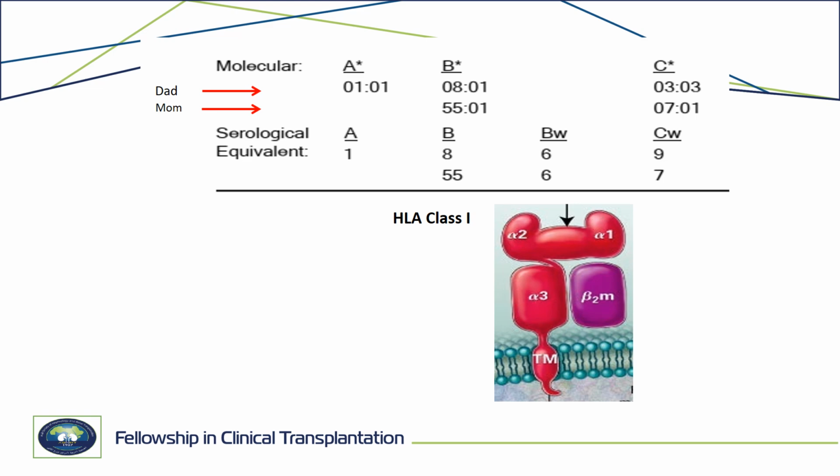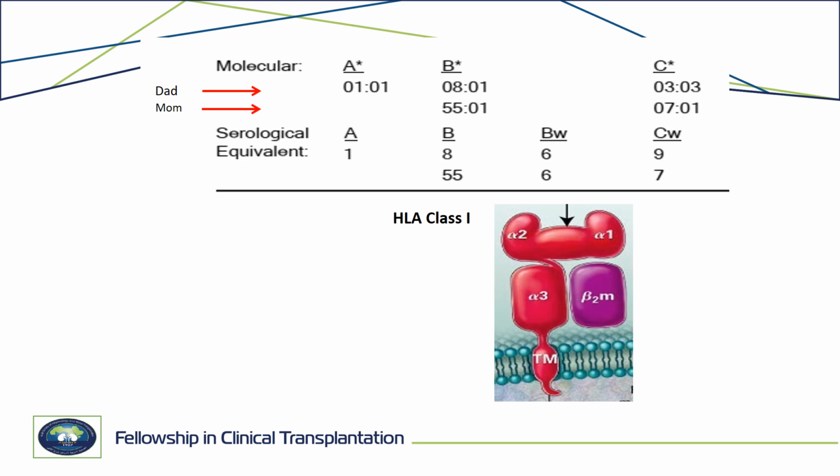So this slide is just a more detailed look focusing on class 1 on the report, and you can see we do HLA typing for A, B, and C locus by the molecular method. I just put 2 arrows here to remind you that one of the haplotypes comes from the dad and one of the haplotypes comes from the mom.